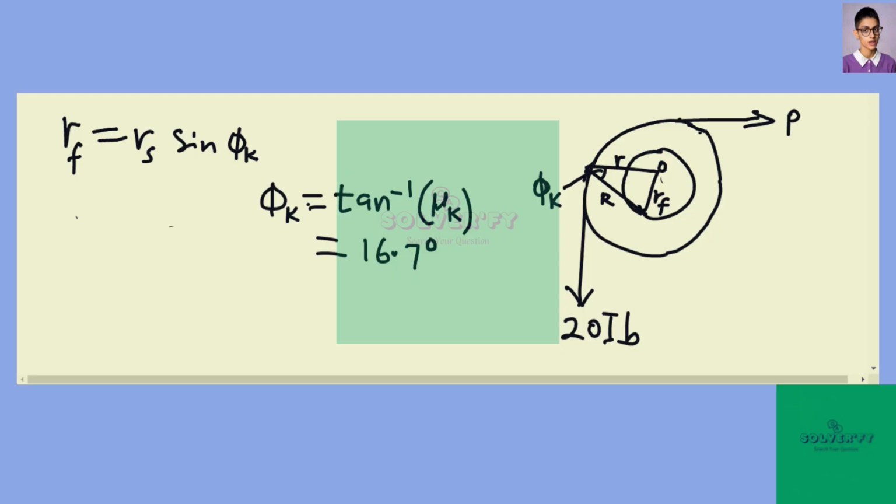Now we can plug this value, as well as the radius of the shaft, which is given as 2 inch, into this equation, and we arrive at 0.58 inch as the friction circle radius.